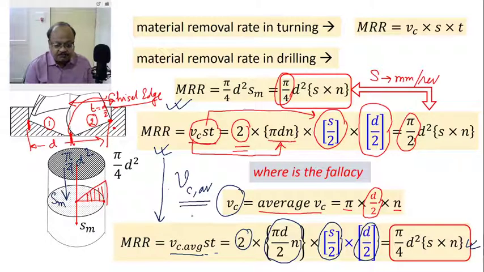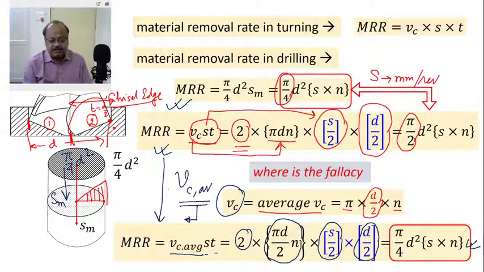Why do you have to use VC average in drilling? Because the cutting velocity varies along the radius of the drill, because at every instantaneous point, the effective diameter is changing. So there is no fallacy in drilling.